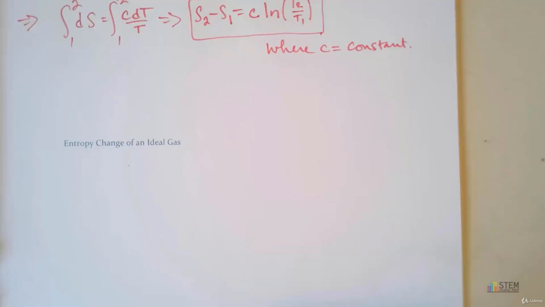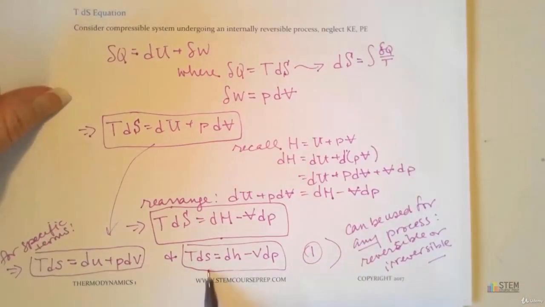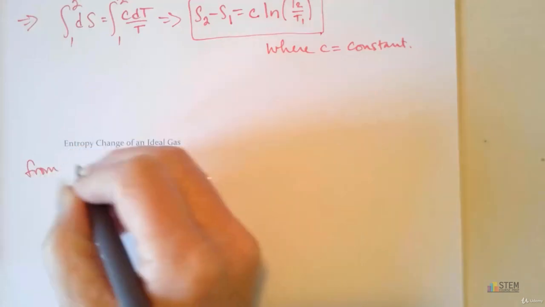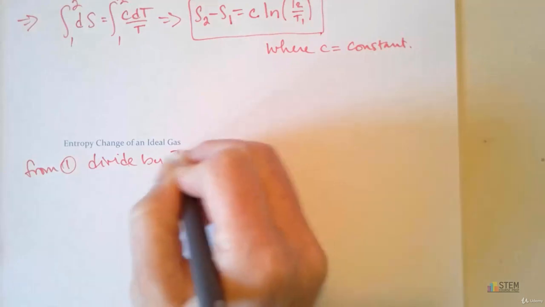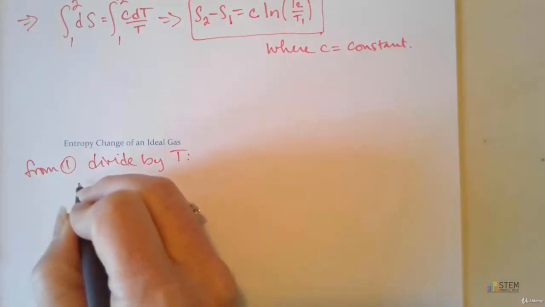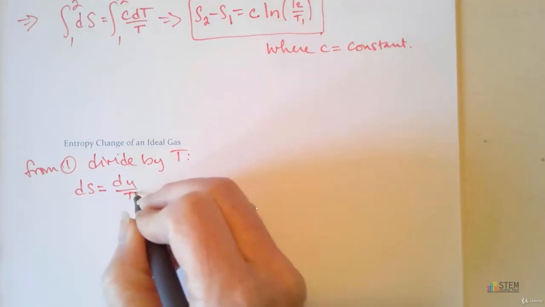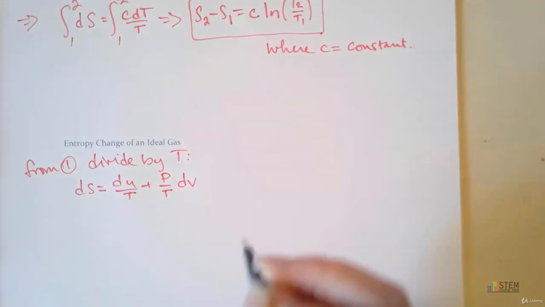All right, so from equation 1, and remember, if you look back from a previous video, we had equation 1, that was the set of equations. So if we go back to those, and we divide by T, which is our temperature, then what we're going to get is ds equals du over T plus pressure over T times dV.